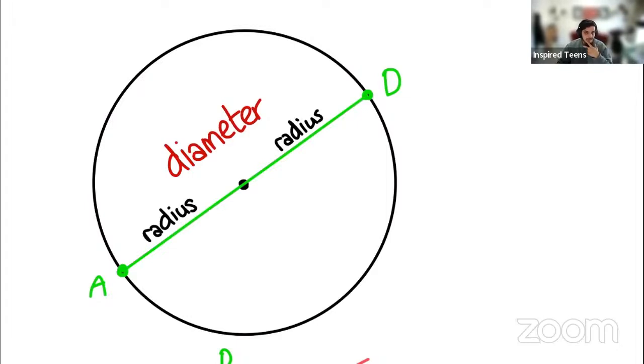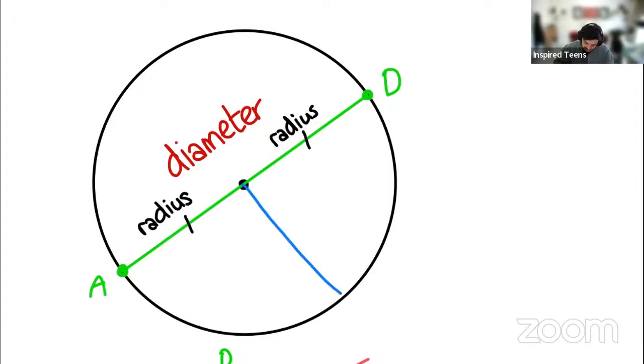Let's discuss something that we probably should know already, but we'll go through it: radius and diameter. We have two radii, and of course, radii are equal. A radius is a line from the center of the circle to any point on the circumference.